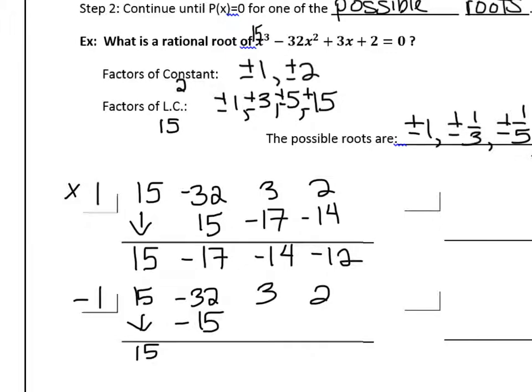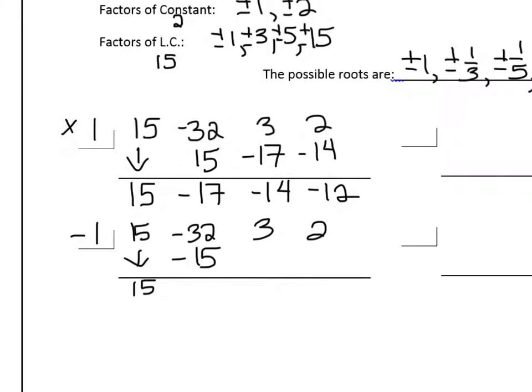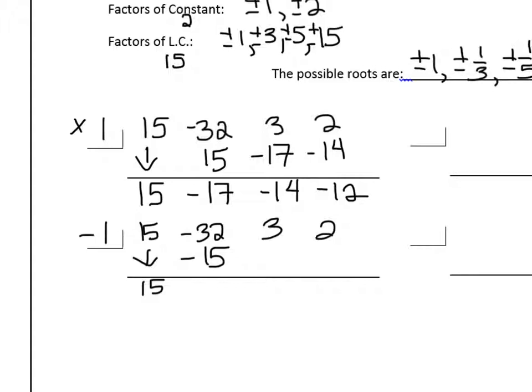Add those together, and you're at negative 47. Negative 47 times negative 1 turns it to a positive 47. Add those together, you're at 50.